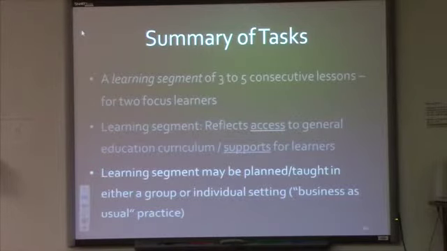Unfortunately, you can't demonstrate this fully within 3 to 5 days because your lessons are 3 to 5 consecutive lessons. RTI, in terms of the full model, varies depending on how you set it up. It could be 6 weeks, 8 weeks, 12 weeks. So a student may not be able to demonstrate full responsiveness in 3 to 5 days.